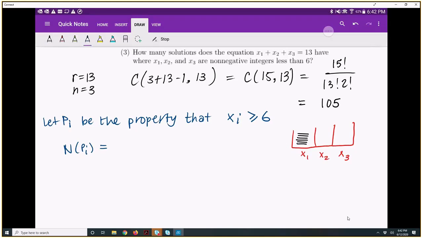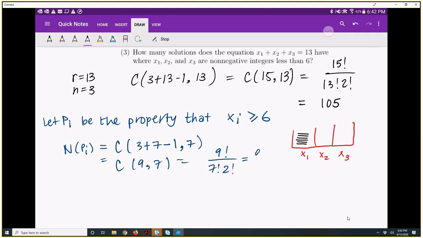So n of Pi is going to be, instead of 3 plus 13, now I only have 7 units to assign. So 3 plus 7 minus 1, choose 7, which is 9 choose 7, which is 9 factorial over 7 factorial times 2 factorial, which is 9 times 8 over 2, and that's 36.